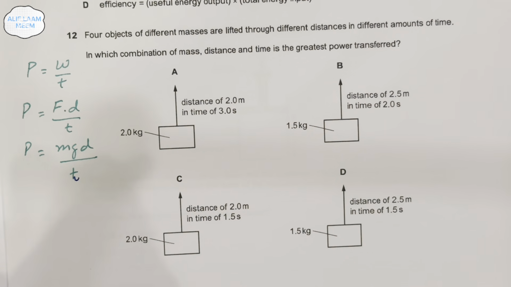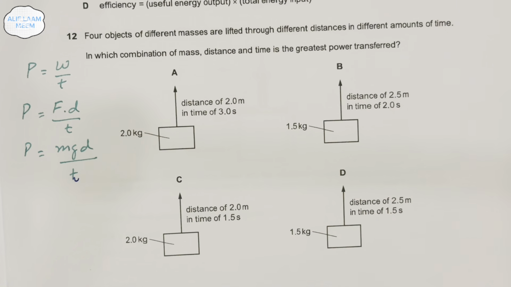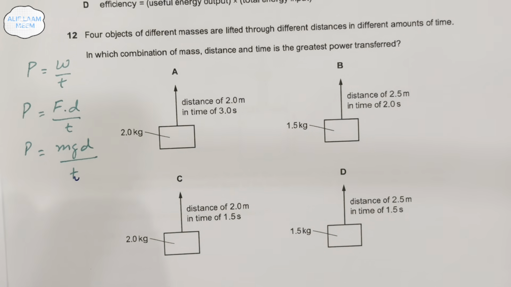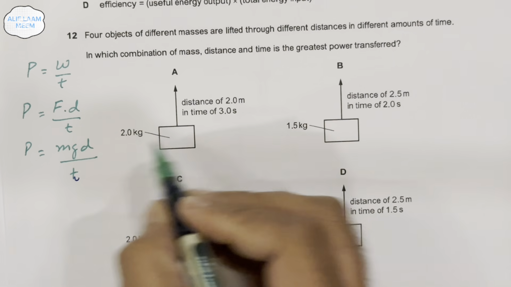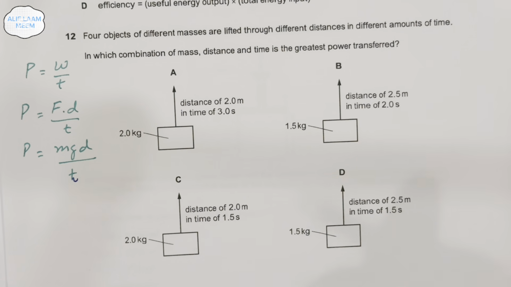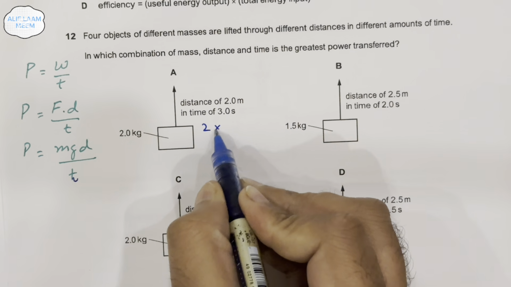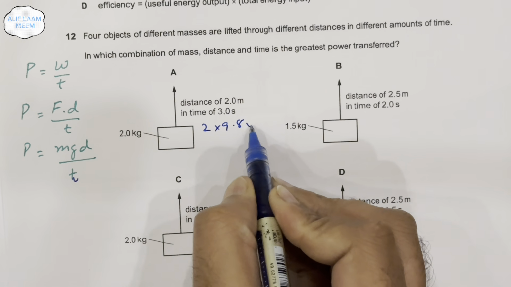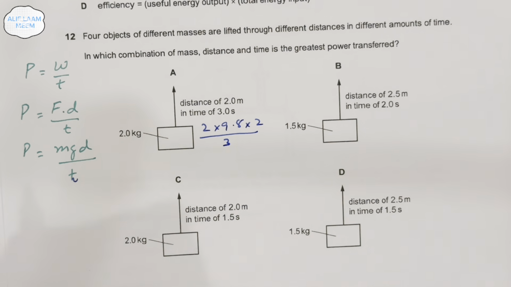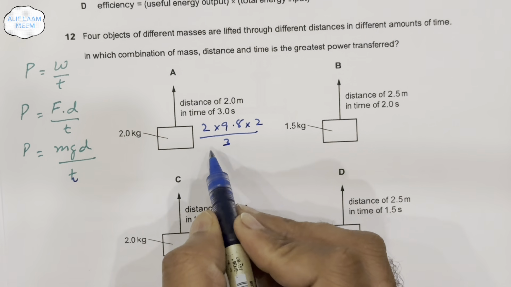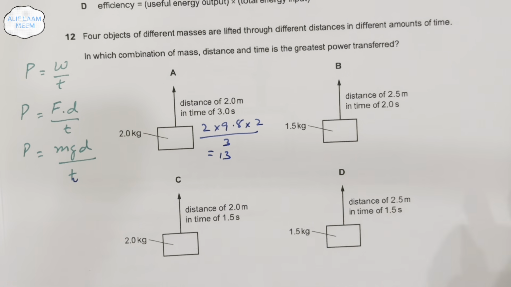T is for time, and in each case you have to calculate, and whichever case the result is greater would be our answer. Applying this formula, the value here is 2 multiplied by 9.8 and distance is 2, then divide by 3, you get the answer that is almost 13.